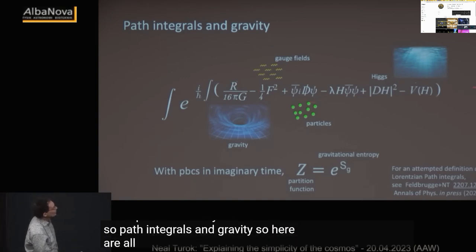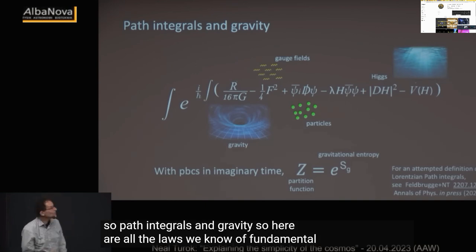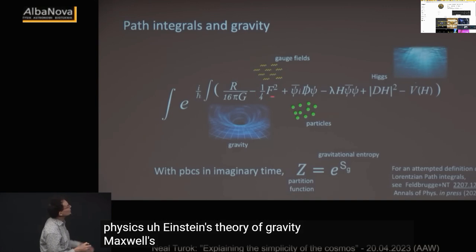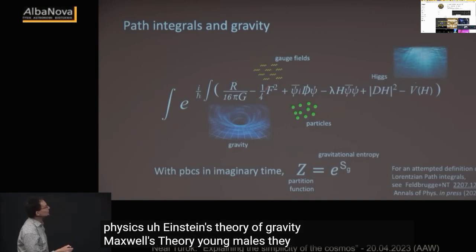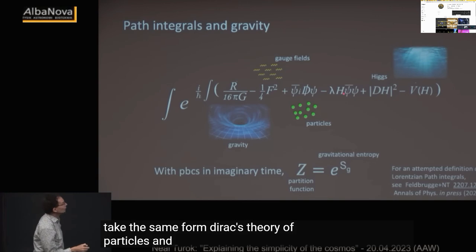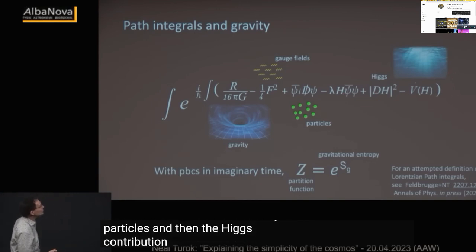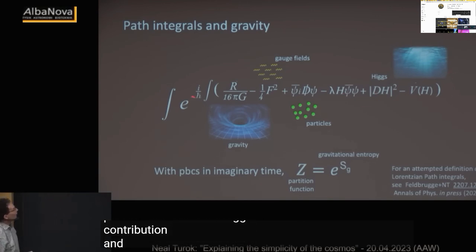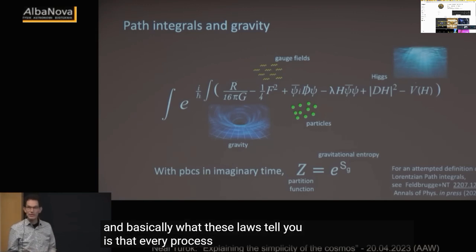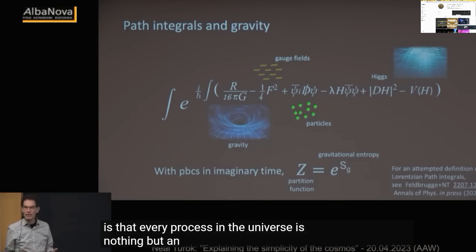So here are all the laws we know of fundamental physics. Einstein's theory of gravity, Maxwell's theory, Yang-Mills, they all take the same form. Dirac's theory of particles, and then the Higgs contribution. And basically what these laws tell you is that every process in the universe is nothing but an interference.